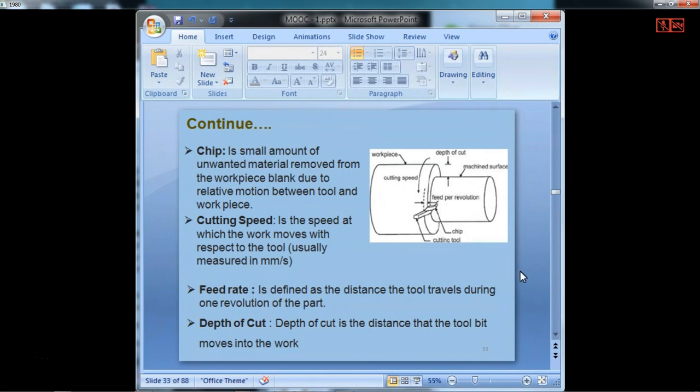Generally feed is given in millimeters, but feed rate is given in millimeters per minute or per second. Based on that, you need to make the calculations. You'll be solving a problem at the end of this class, so you have to be careful with the units. And as I said, depth of cut is nothing but the depth you give perpendicular to the axis of the workpiece.